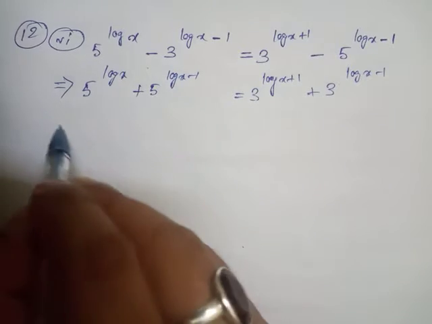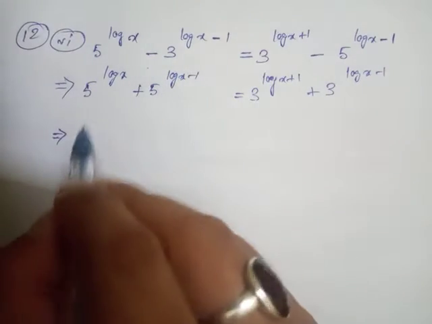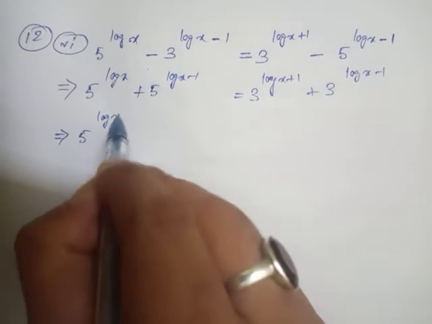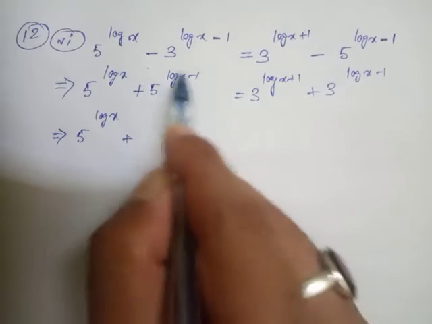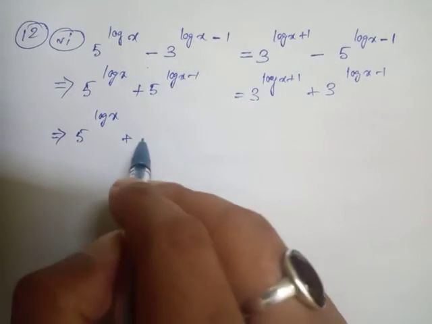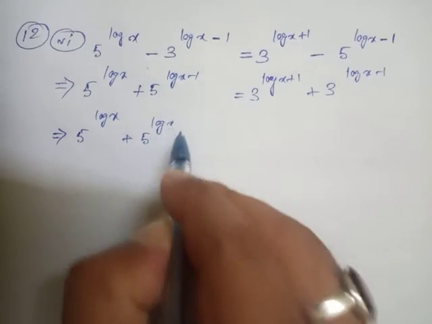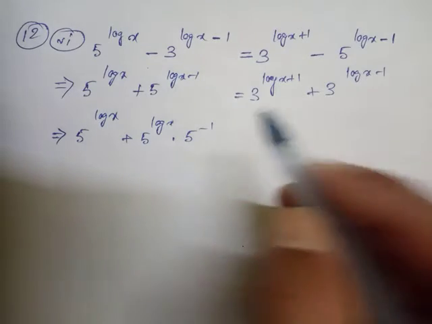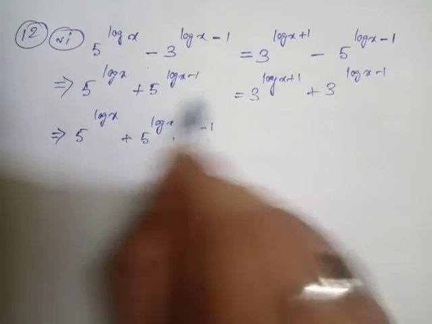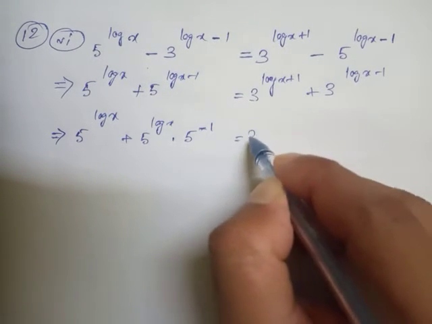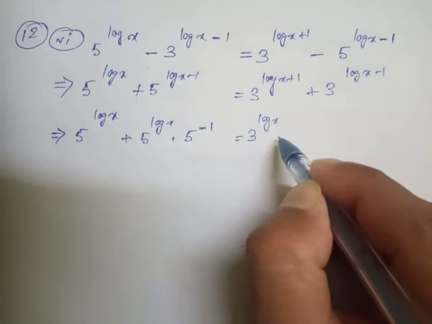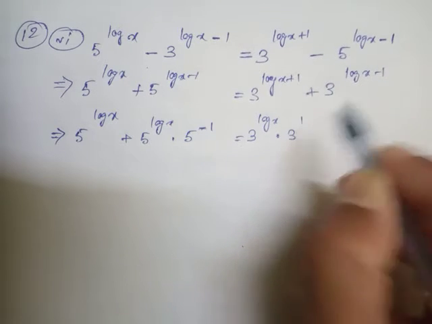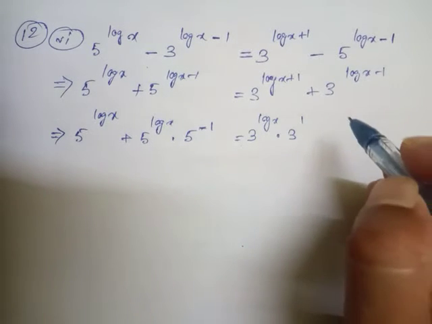Now look, student, after that, if we split up this value, 5 log x into 5 to the power minus 1, after splitting up, base same power should be added, and there is 3 log x into 3 to the power 1, splitting up.